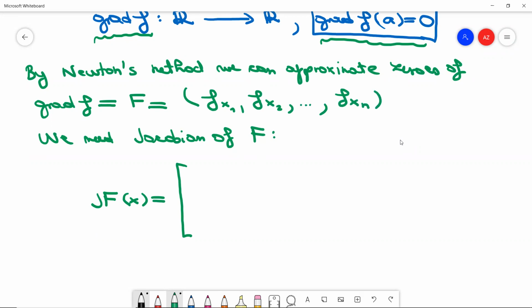And now in the first row of the Jacobian, I take partial derivatives of this first coordinate function. So I take the partial derivative of f with respect to x1. Again, I take the derivative with respect to x1. Then I take the derivative with respect to x2, and so on.